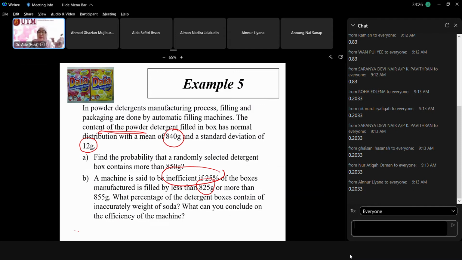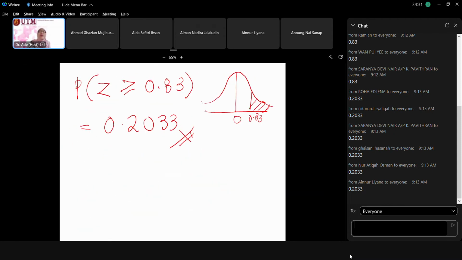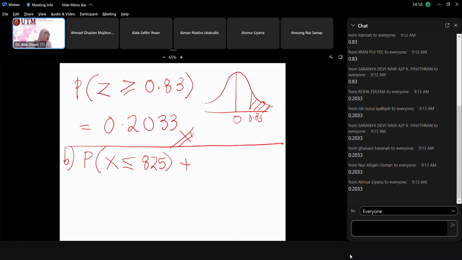So let's try to solve the question. Now we are doing part B. We want to check the probability of the content being less than 825, or more than 855.